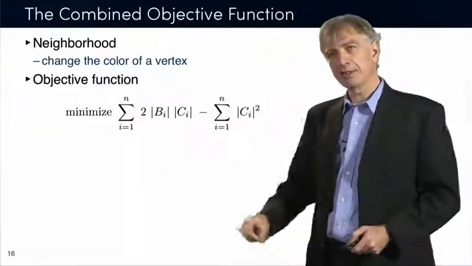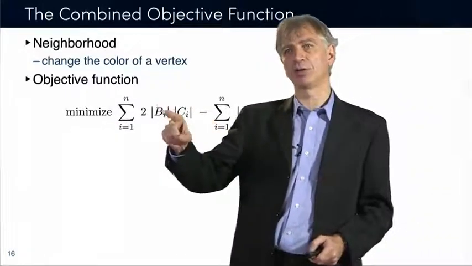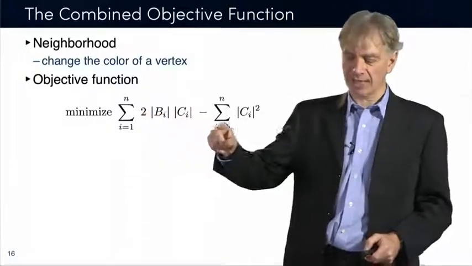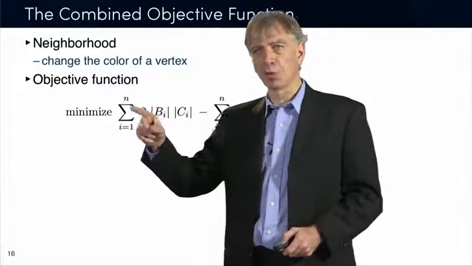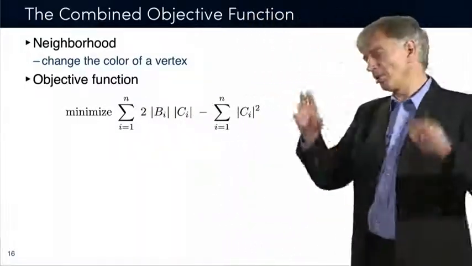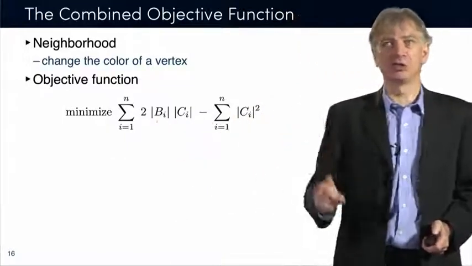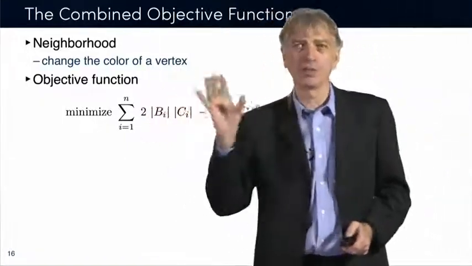Instead of simply the sum of the sizes of the sets of bad edges, what I'm doing here is multiplying this by the size of the color classes of these edges, and then multiplying the whole thing by 2. Now you may say this guy is completely crazy, but there is a good reason to do this. This objective function has a beautiful property.